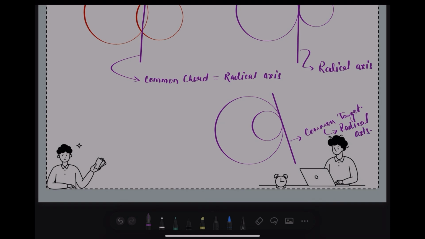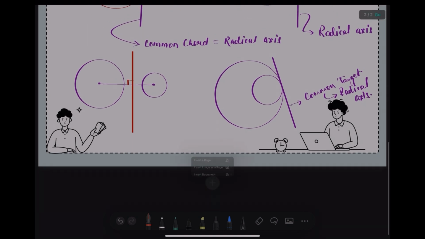Is that okay? Now suppose that there are circles, and you have connected both centers. So if you try to drop down the radical axis now, this radical axis will be perpendicular to the straight line that joins the centers of the circles.